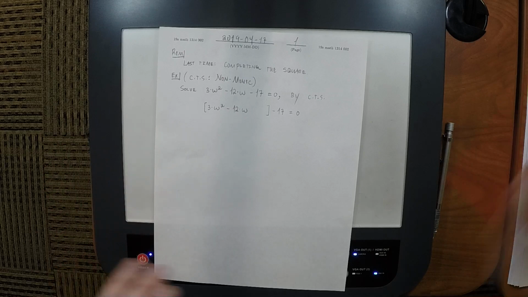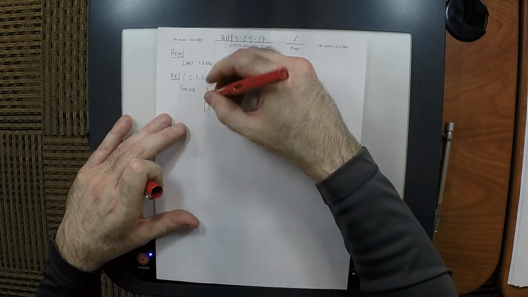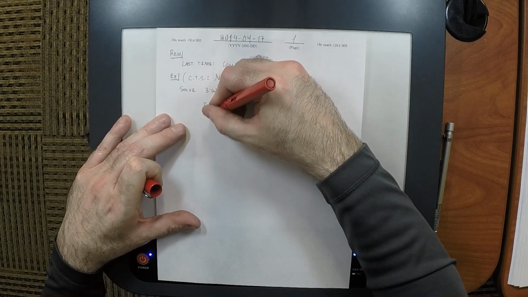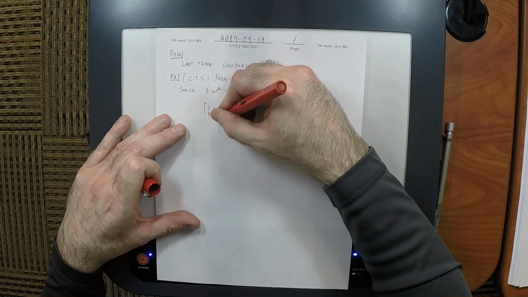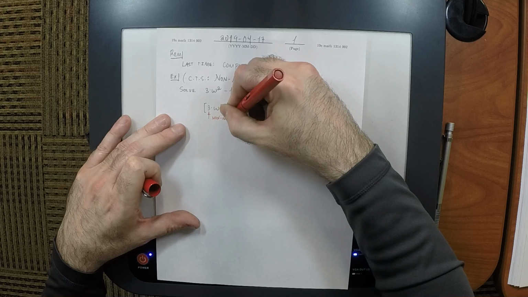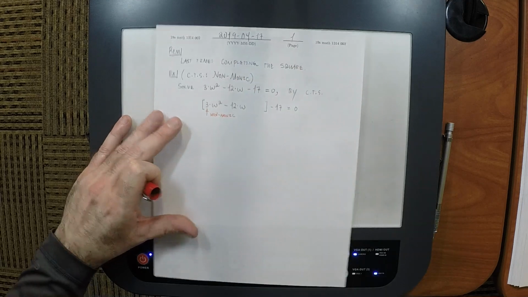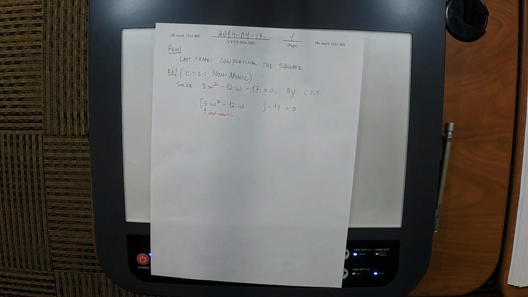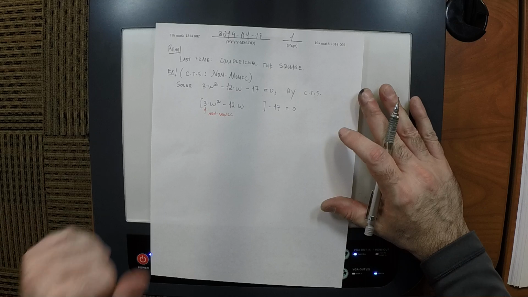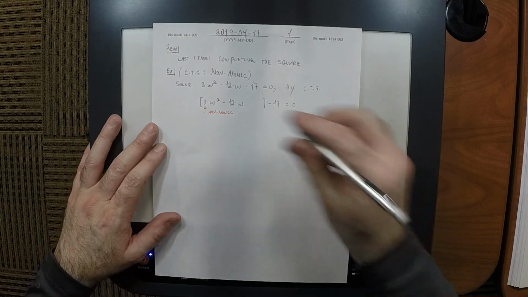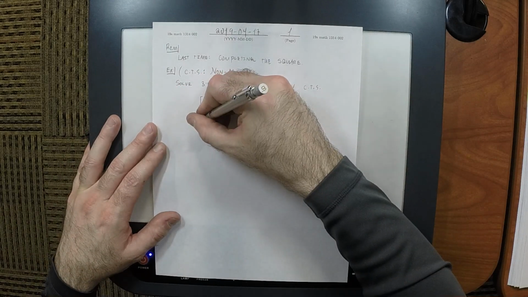And then notice that this is not monic. The technique that we used last time actually depends on it being monic. So the way that we'll do it is we'll just factor that 3 out.